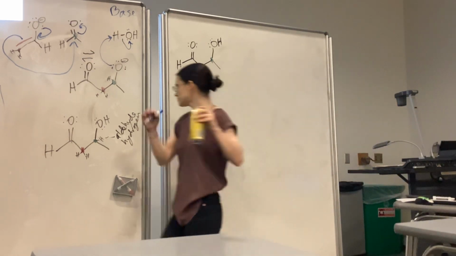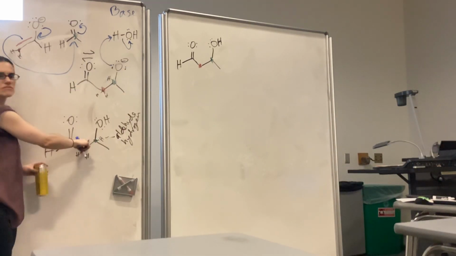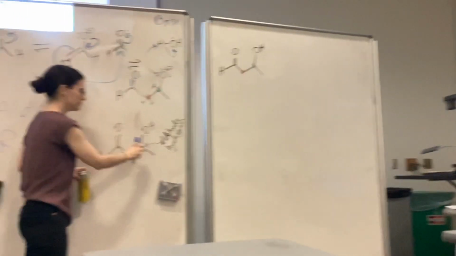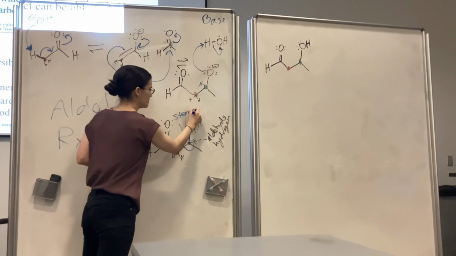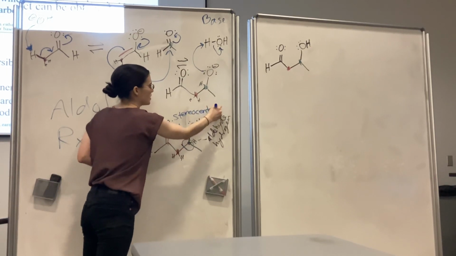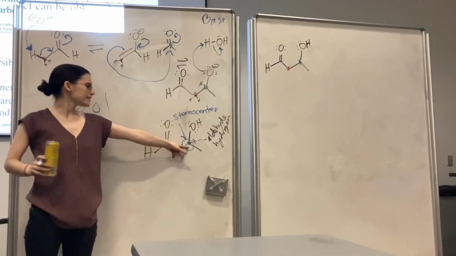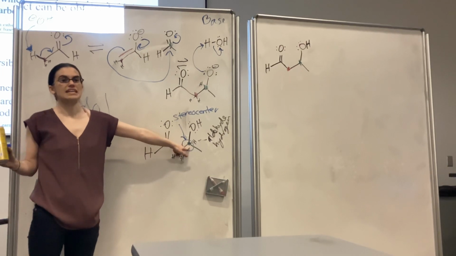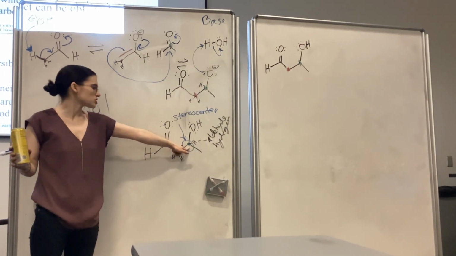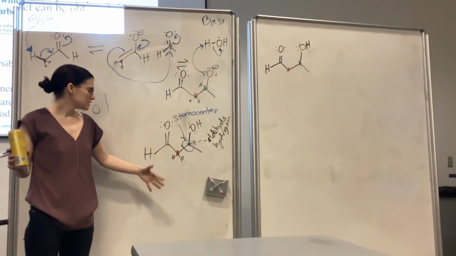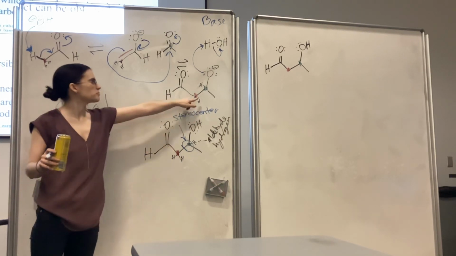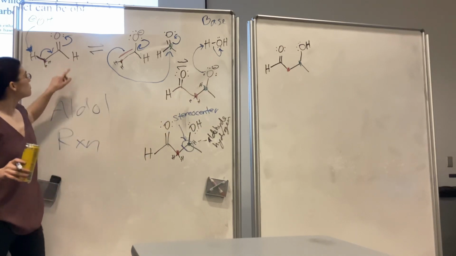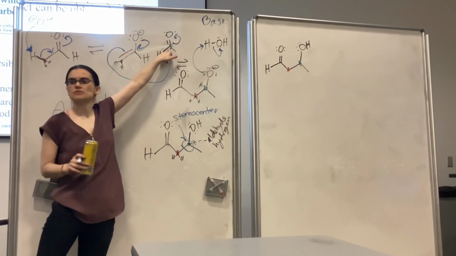Back up real quick. That's the stereo center, isn't it? This stereo center didn't start out as a stereo center, it couldn't have been because it was, where's our green? It was flat, right?